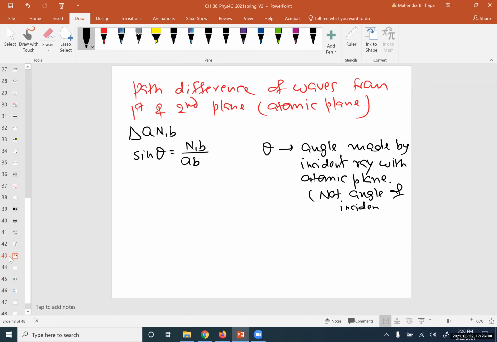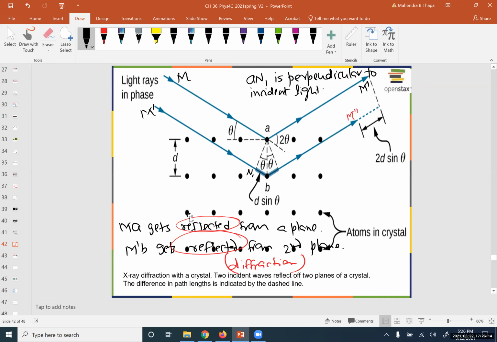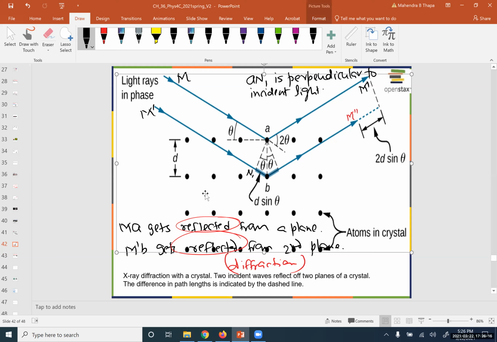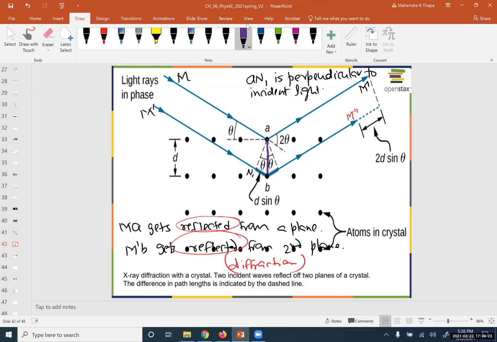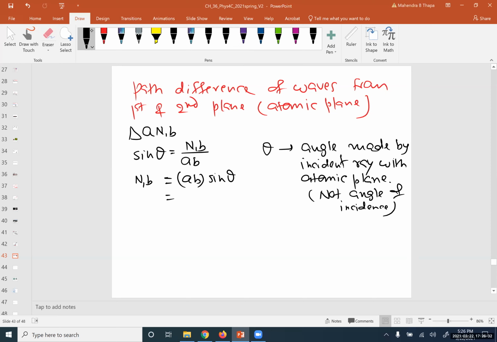So be careful, not the angle of incidence. I can write here N1B equals AB times sine theta. AB from the picture is the distance between two atomic planes, and this atomic plane distance is d. So I'm going to replace that with d. So this will be d sine theta.